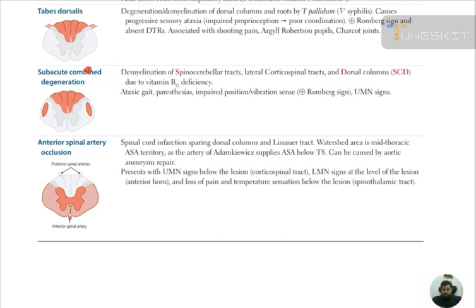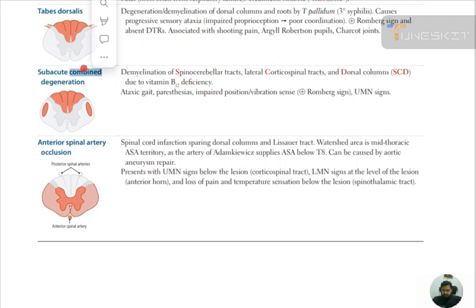Subacute combined degeneration. If we split the name, there is degeneration or demyelination of the spinocerebellar tracts, lateral corticospinal tracts, and dorsal column, which means there are a lot of tracts in this disease.